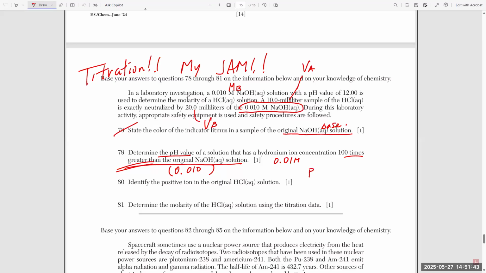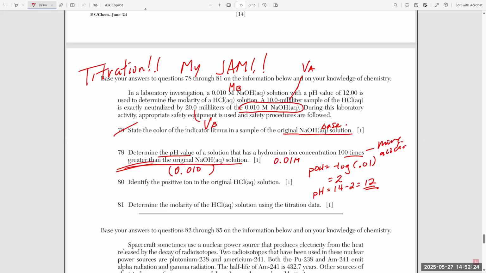So pOH equals negative log of 0.01, which is 10 to the minus 2. If you punch it into a calculator, you'll get 2 as a value. Okay, now you get a 2 as a value, and you remember pH is 14 minus that, right? That gives you 12. But this is not the answer because it's 100 times more concentrated, so it's more acidic.